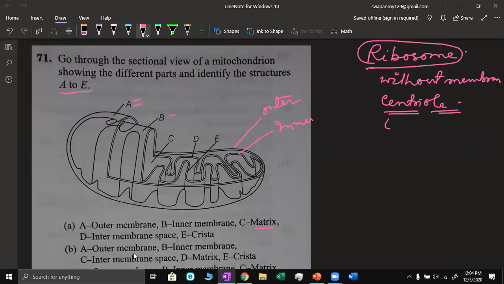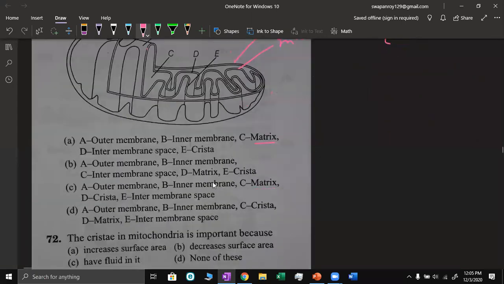Okay, D is intermembrane space. Is D not showing that? No, D is here pointing to the inner membrane. A is outer membrane. E is the cristae. Then what are the other options?